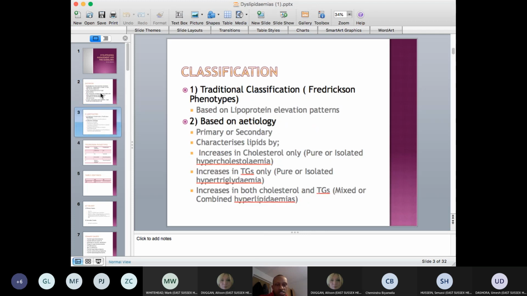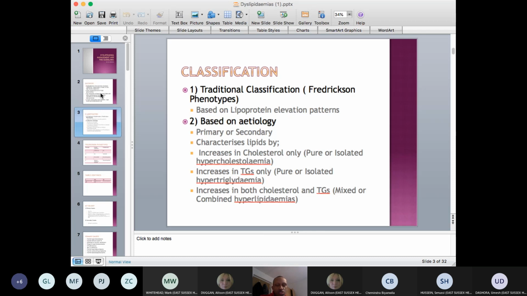The way dyslipidemias or the lipids are classified, there are basically two ways. There is the old traditional classification, which is called the Fredrickson phenotype. And there is that one which is based on etiology, which is most used. The traditional one is very complex.